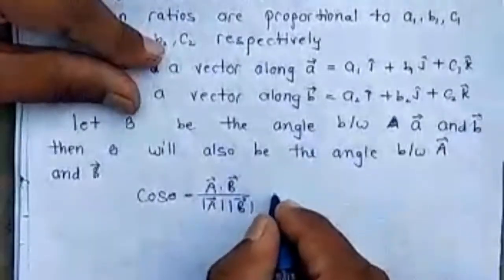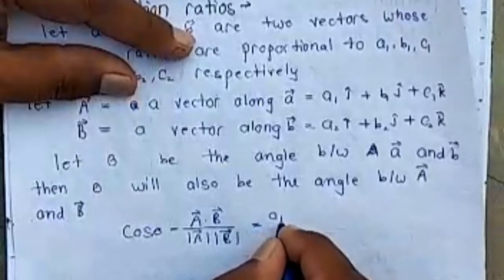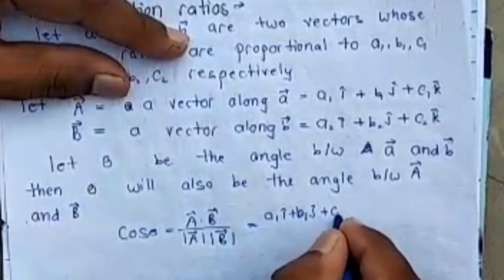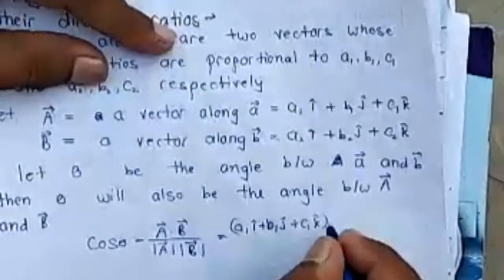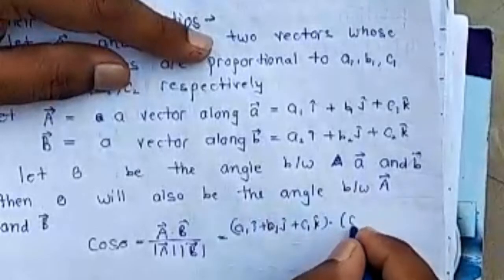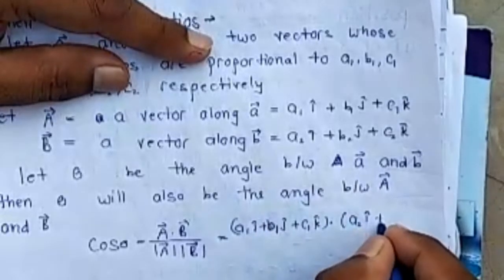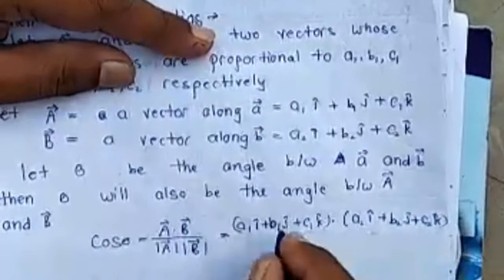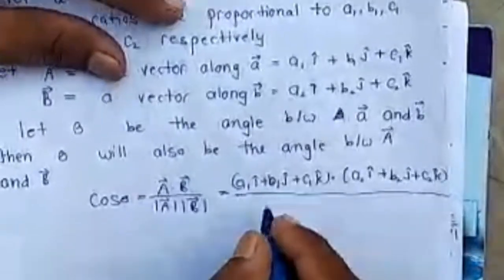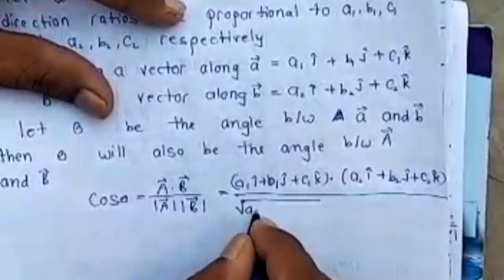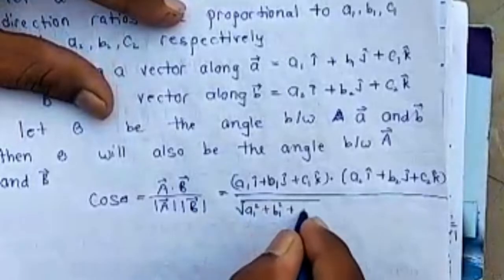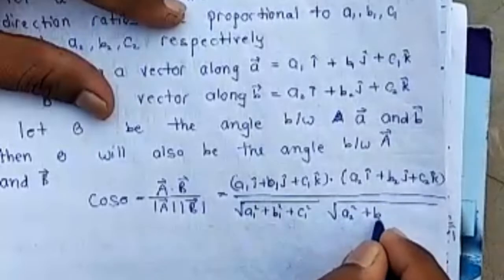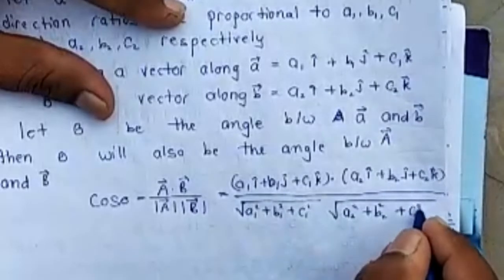Then A dot B, value of A vector is A1 i cap plus B1 j cap plus C1 k cap, dot value of B vector is A2 i cap plus B2 j cap plus C2 k cap, upon magnitude of A vector is square root A1 square plus B1 square plus C1 square, times square root A2 square plus B2 square plus C2 square.